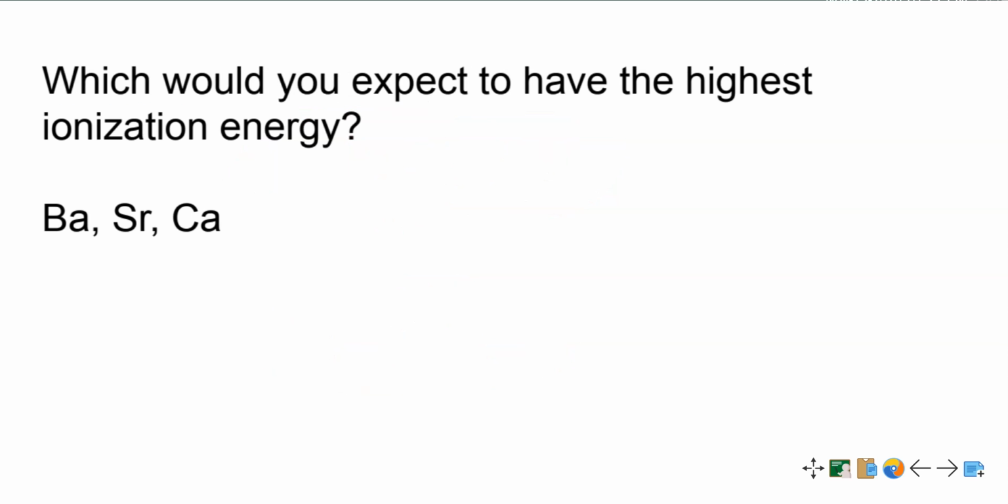Now, which would you expect to have the highest ionization energy? Barium, strontium, or calcium. First, we have to find these on the periodic table. These are all alkaline earth metals, meaning they are all in group 2. I'm going to write them in the order in which they appear in group 2: calcium, strontium, and barium.